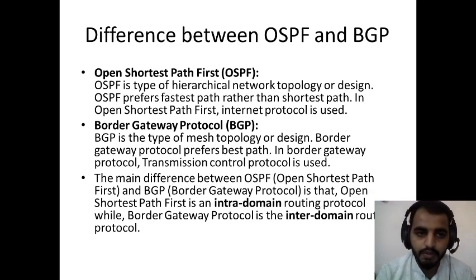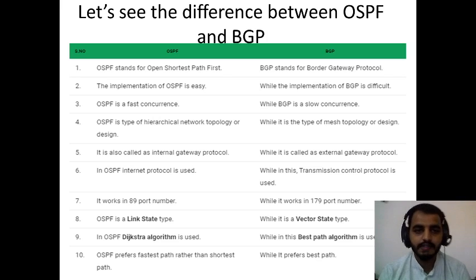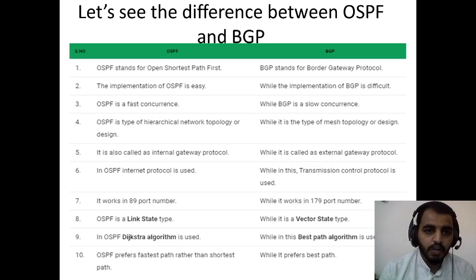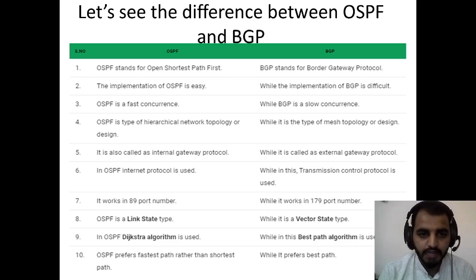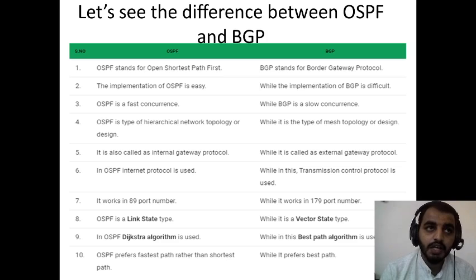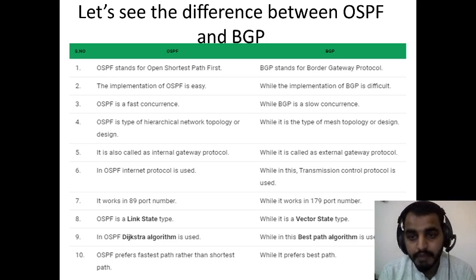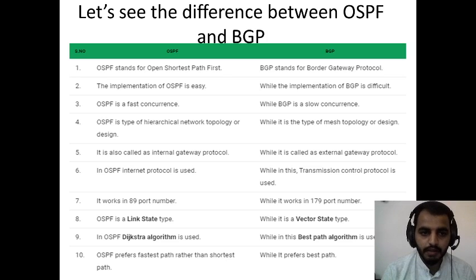Let me see more of the differences. OSPF stands for Open Shortest Path First, BGP stands for Border Gateway Protocol. The implementation of OSPF is easy, while the implementation of BGP is difficult with reference to transmission, because OSPF takes the fastest path, BGP takes the best path. OSPF has fast convergence while BGP has slow convergence.